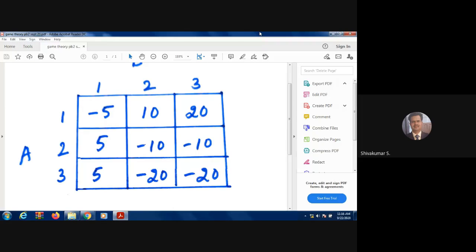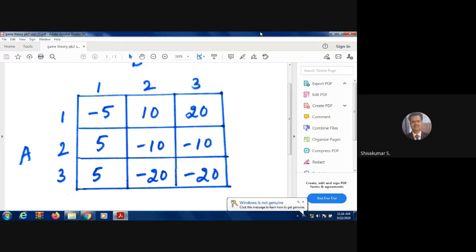Now check whether any columns or rows are dominated by any other columns. Sir, column 3 is dominated by column 2. Right now, 20 is more than 10, minus 10 is equal to minus 10, minus 20 is minus 20. So column 3 is dominated by column 2.